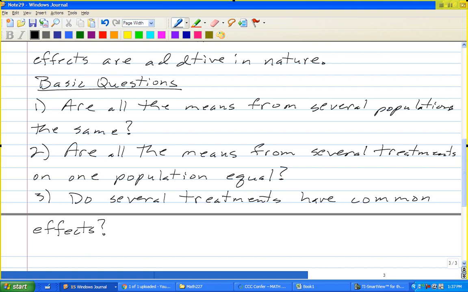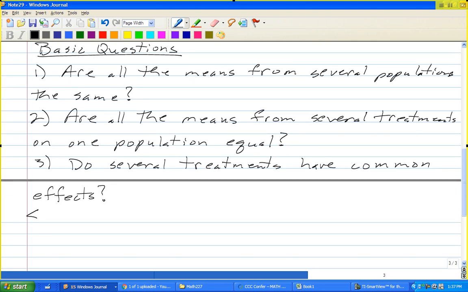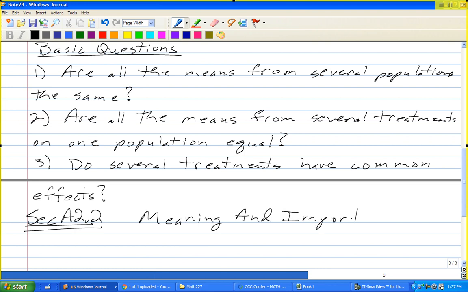Let me go on to section 2, the meaning and importance of ANOVA.